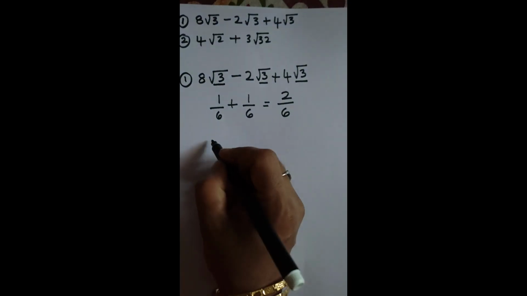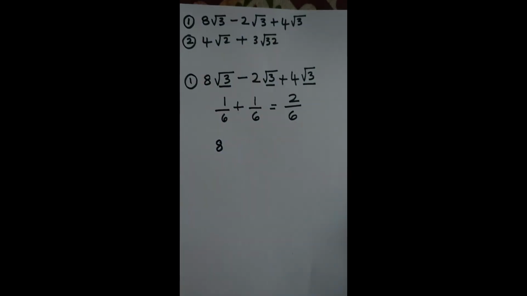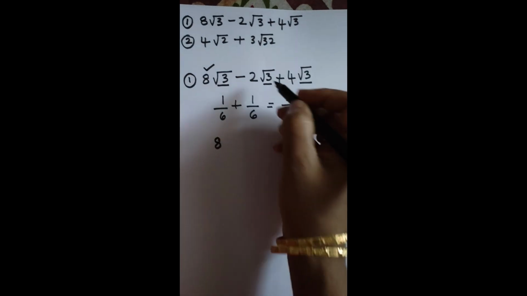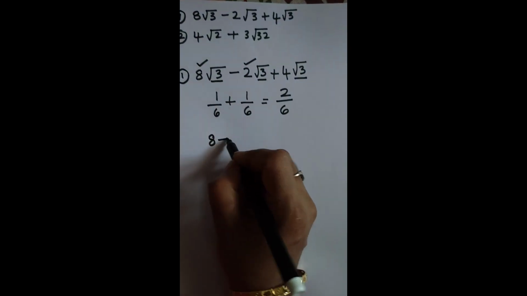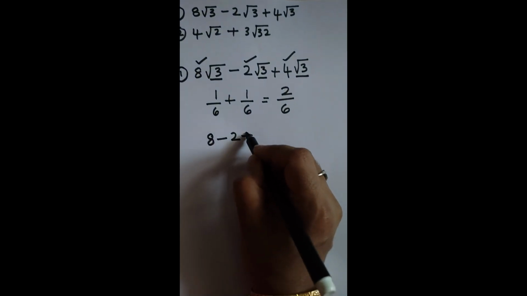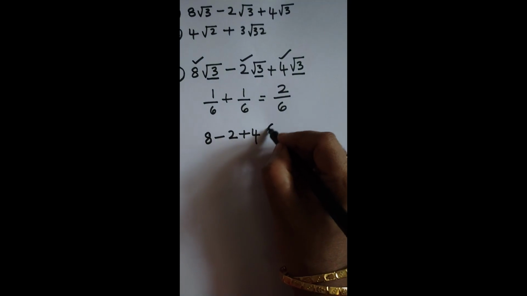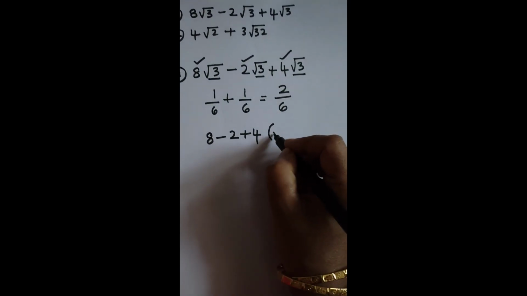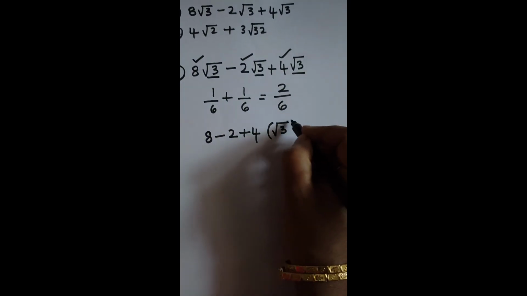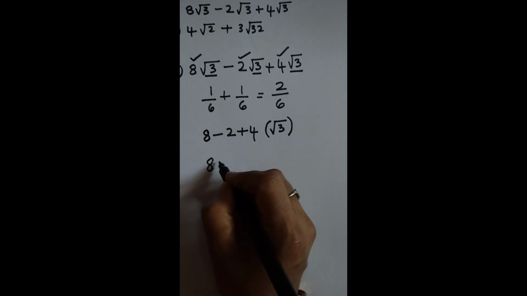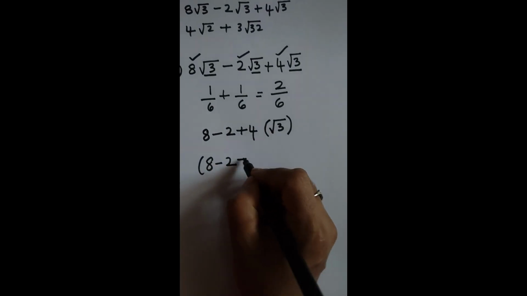What is the number here? 8. What is the number here? Minus 2. What is the number here? Plus 4. Then root 3. You can write like this, or you can even write like this also.